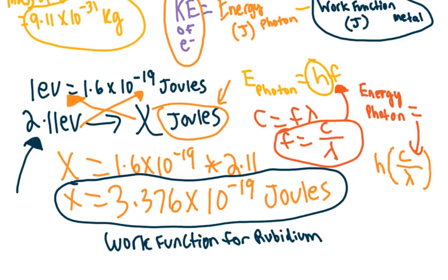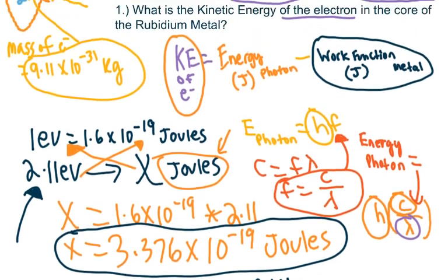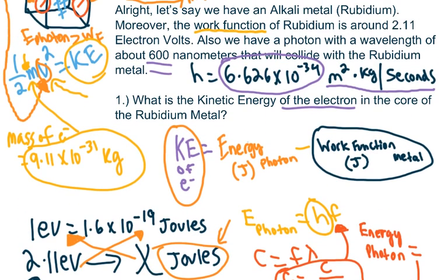Now we have all the values. Planck's constant is 6.626 times 10 to the negative 34th meters squared times kilograms over seconds. The speed of light is a constant too, about 3 times 10 to the 8th meters per second. And we know the wavelength because we got told that in the problem.